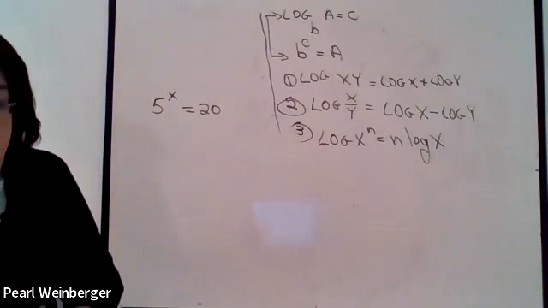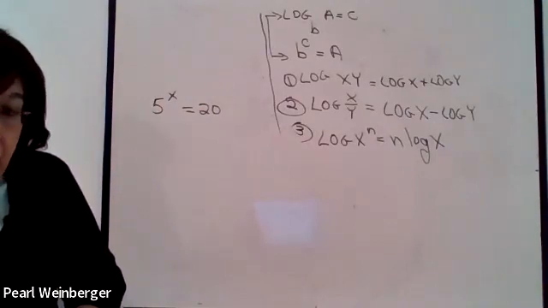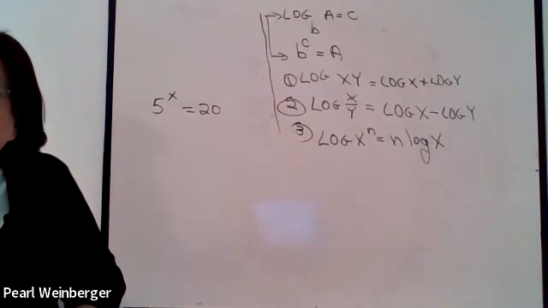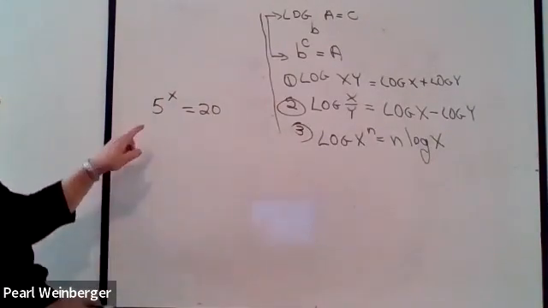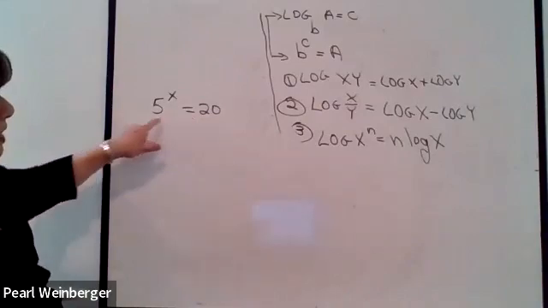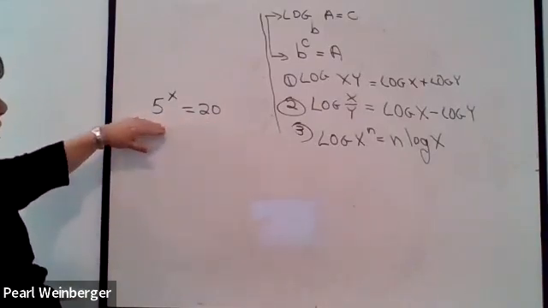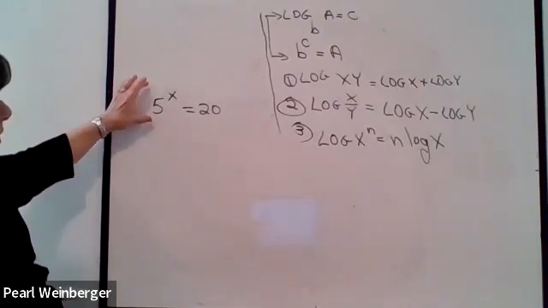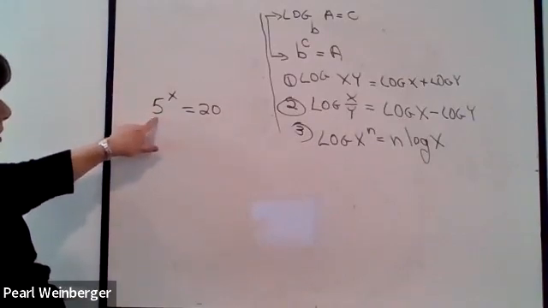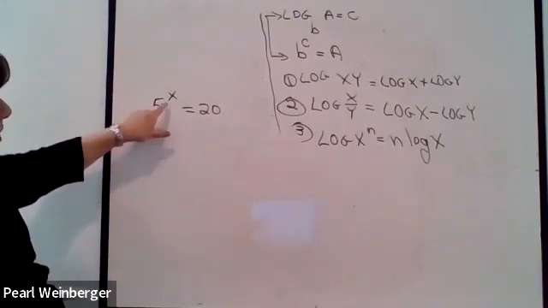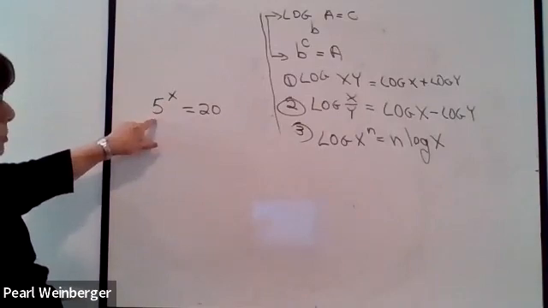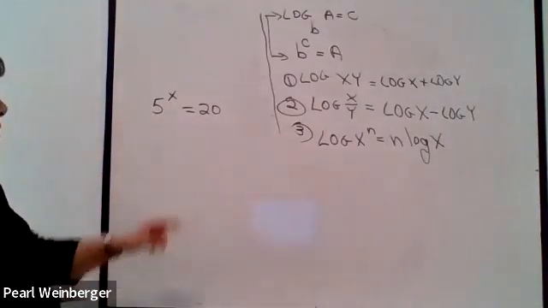Now, we've solved exponential equations previously, but when we solved them, it was possible to put both sides of the equation in terms of the same base. Obviously, since this says 5 to the x, the base being used here is base 5.